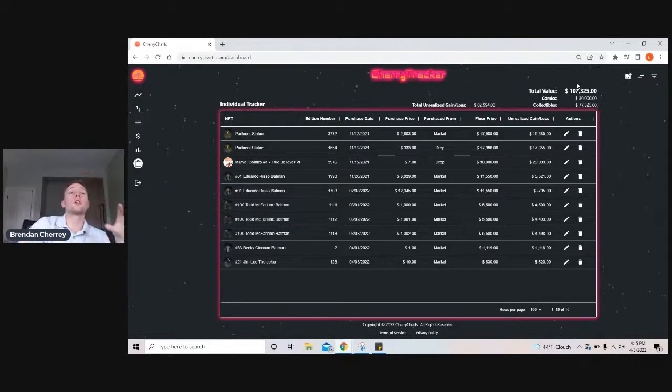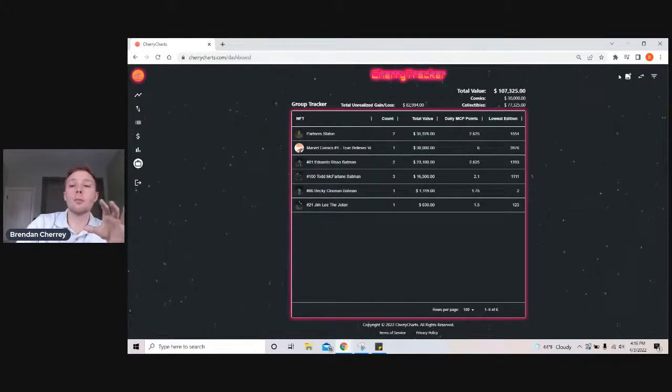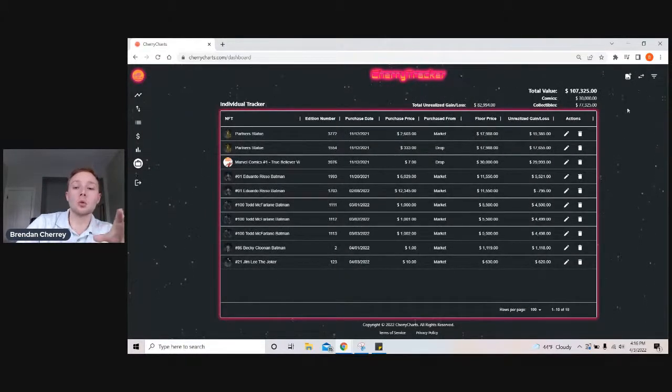Also, another thing that people have brought up in the past that we really wanted to address in the tracker is that some people want to have that itemized list, right? They want to see every single collectible they have, when they bought it, how much they bought it for, etc. Other people are more interested in the whole, right? They buy 100 common comics, and they just want the opportunity to dive into those specific ones. So we have both the group tracker and the individual tracker here.